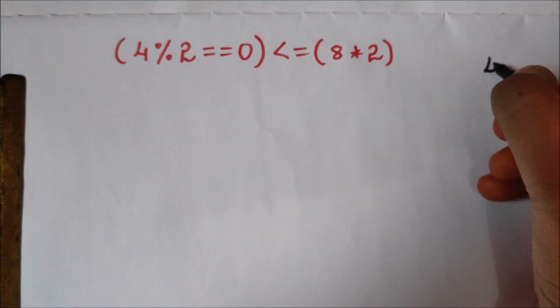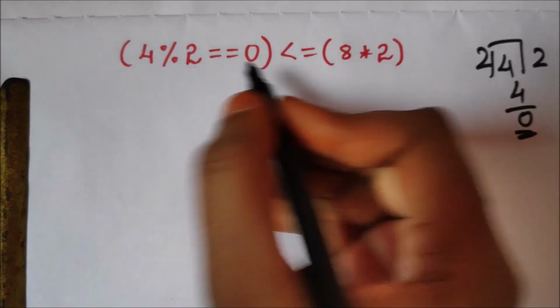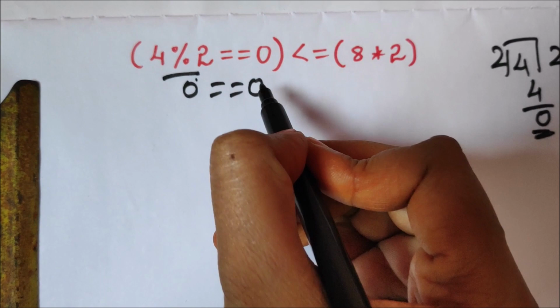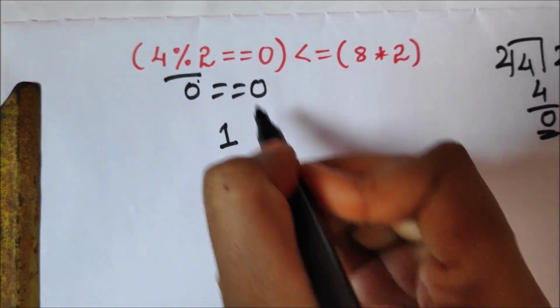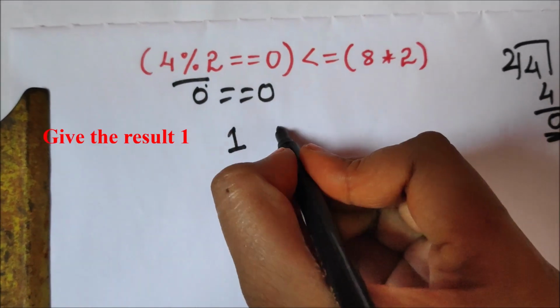So we know that 4 mod 2, 2 2s are 4, so the answer is 0. 0 equal to 0, yes, the condition is true. So the first parenthesis will give us the result 0.